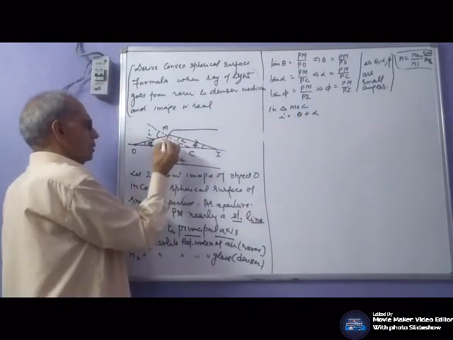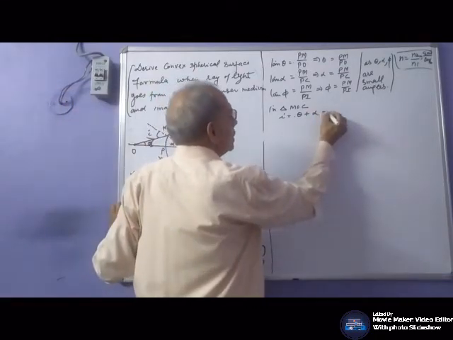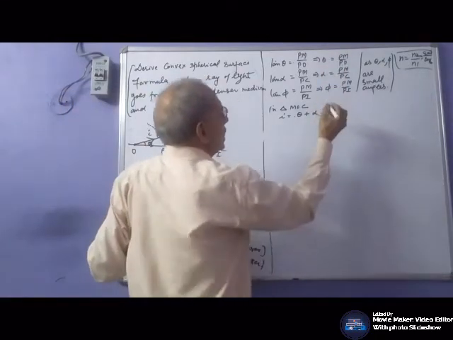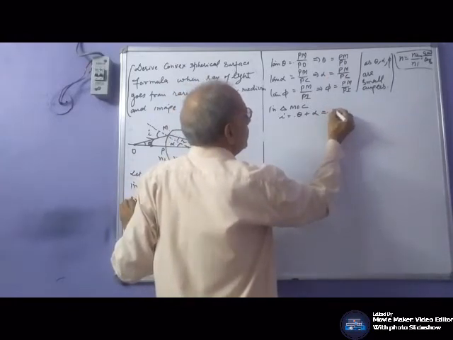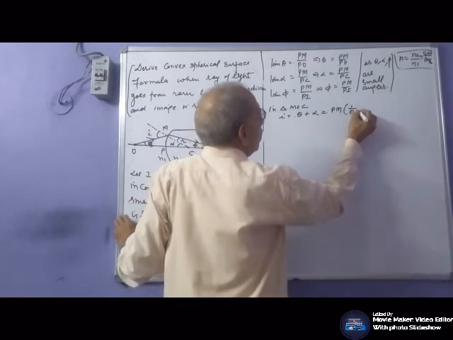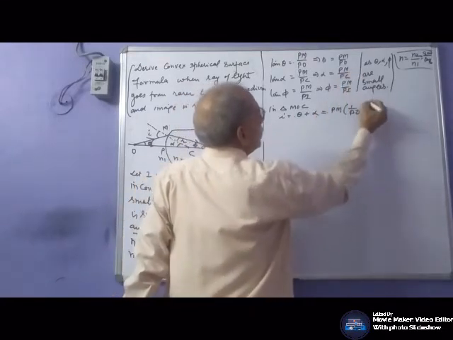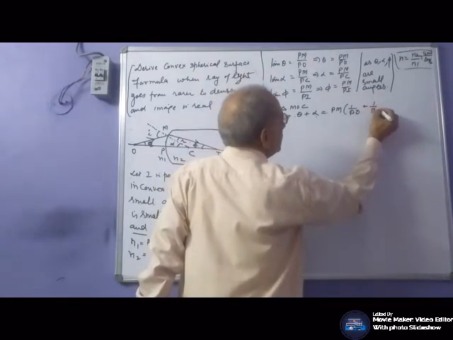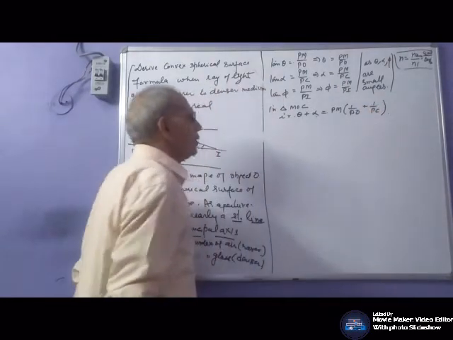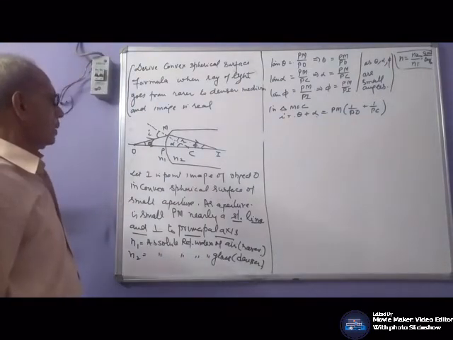Theta is PM by PO. Alpha is PM by PC. We have found I.